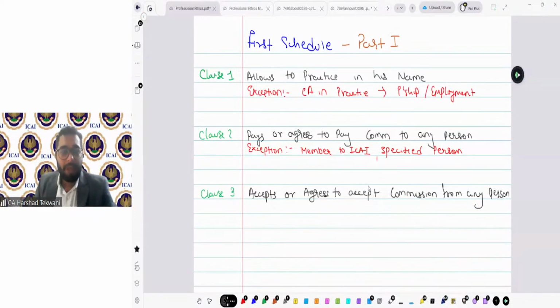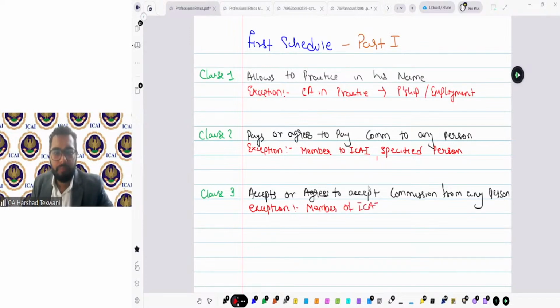Now the exception again is there. The exception says member of the institute and specified person. If he is accepting fees from a member of the institute, that is fine. And if he is accepting from a specified person, then it is fine.